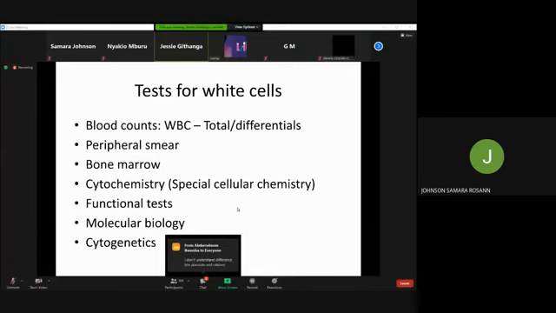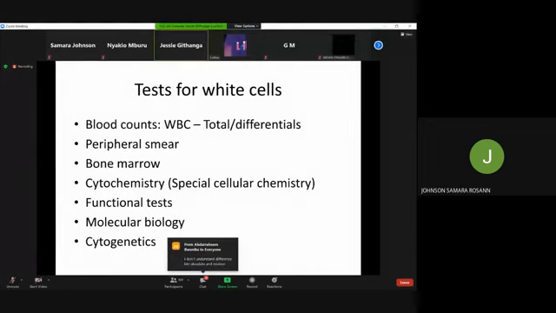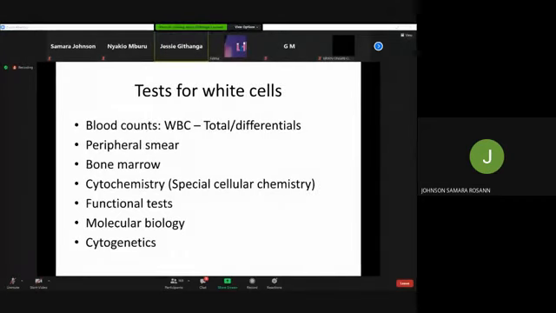This is known as cytochemistry. These are special dyes or special stains that we use on the white cells, and these can help us identify certain white cell abnormalities. And later on, you will be discussing what these kinds of tests are that we do.